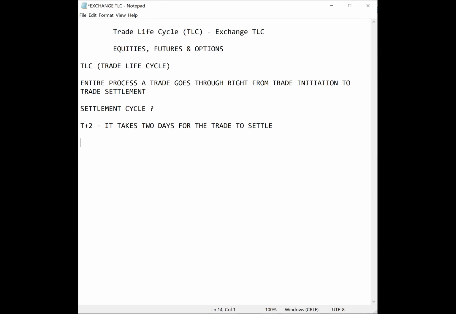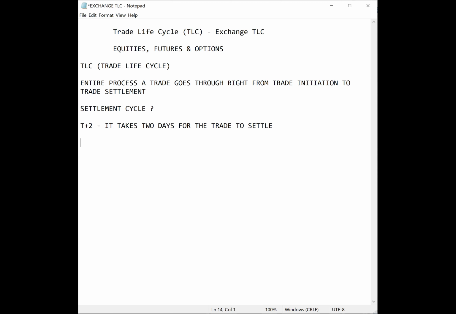In India, we follow the T+2 cycle. For some shares, it might become T+1 in 2022 based on the recent circular by SEBI, but that is the future. Right now, we have a T+2 cycle. Every market can have a different cycle.